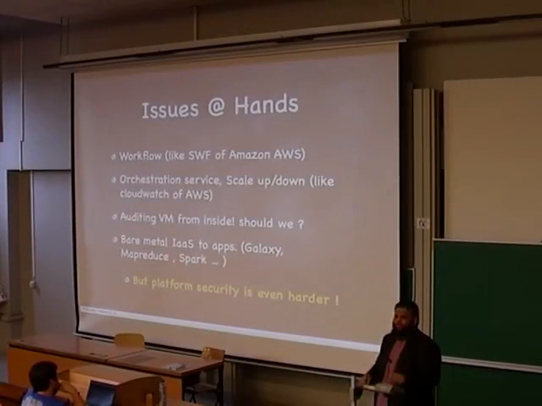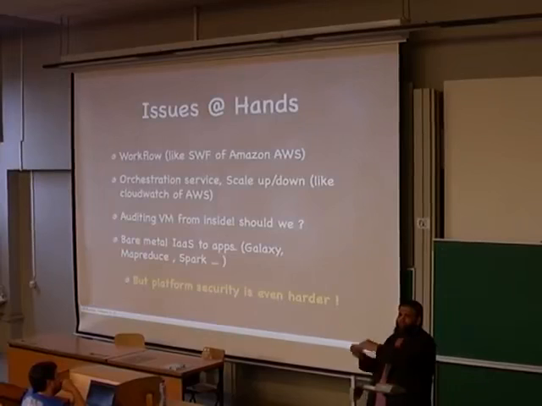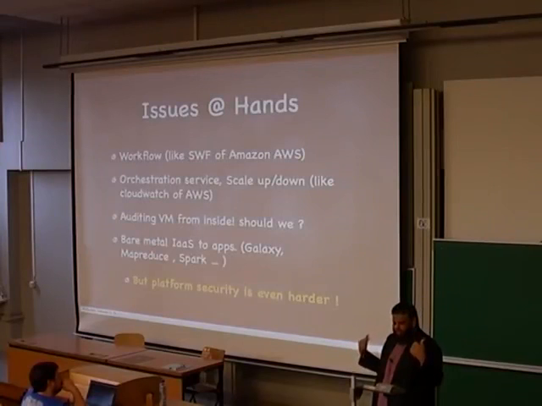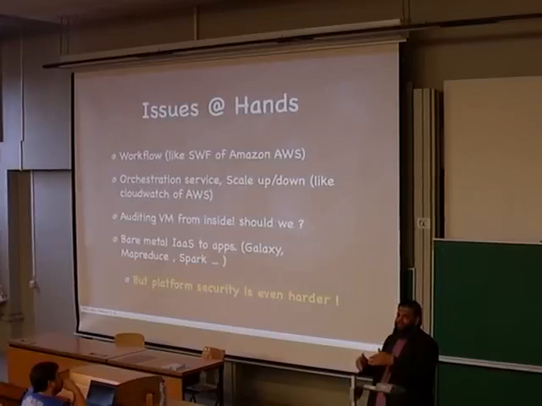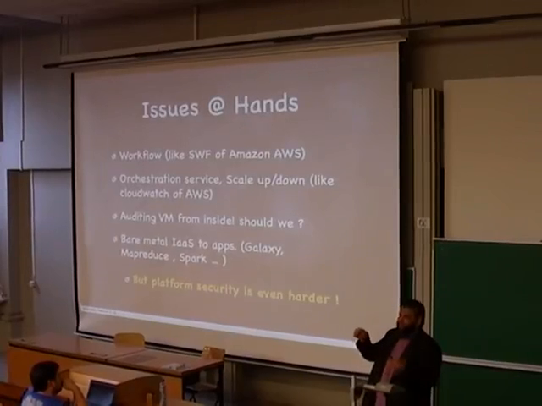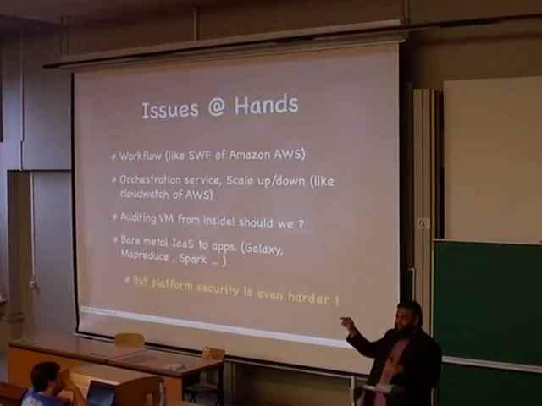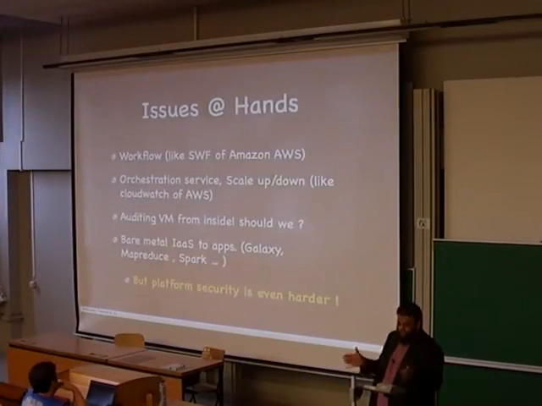If it is listening on a port, you can run nmap, and if strange ports are running, you can notify the users. But in platform security, it's very hard, and you should employ artificial intelligence or machine learning techniques to know whether this user is allowed to access this database or this table at this time. Platform security is harder from our point of view.